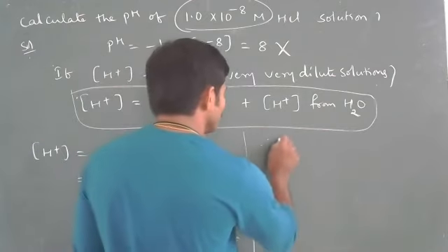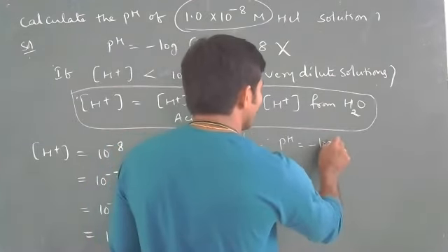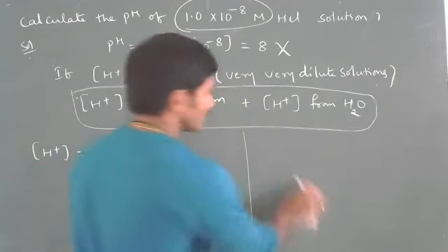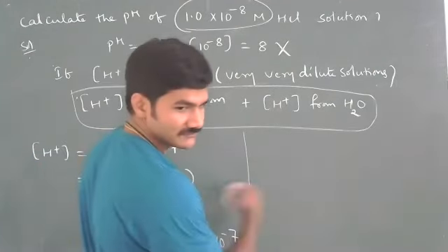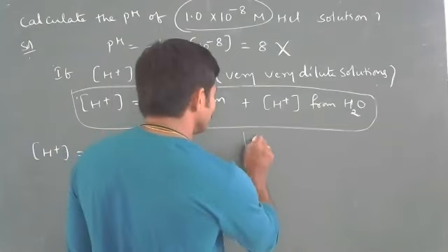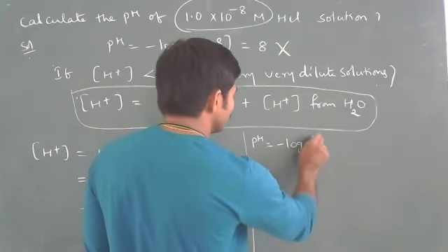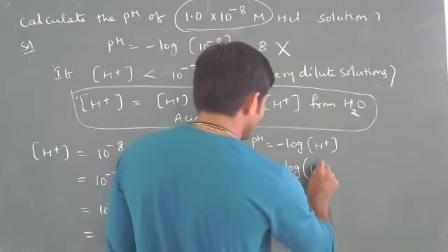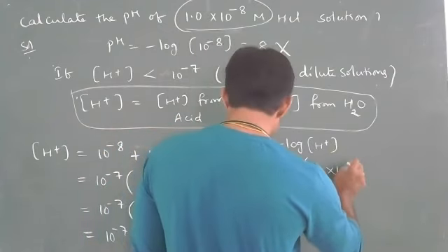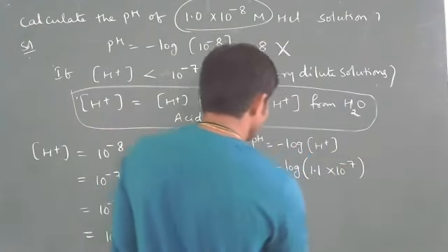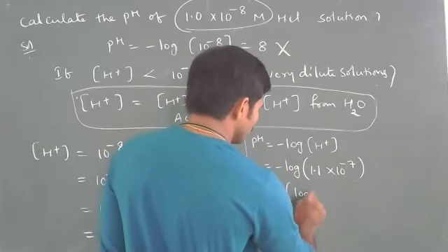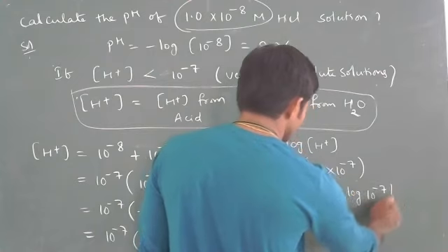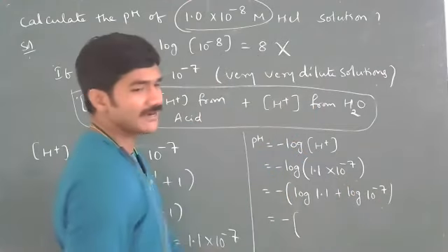So therefore, pH is equal to negative logarithm of H plus concentration. So negative logarithm of 1.1 into 10⁻⁷. So here, log A into B is log A plus log B, so log 1.1 plus log 10⁻⁷.